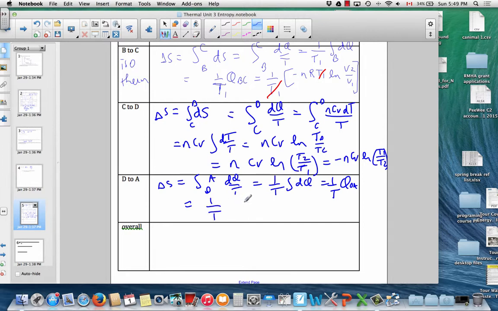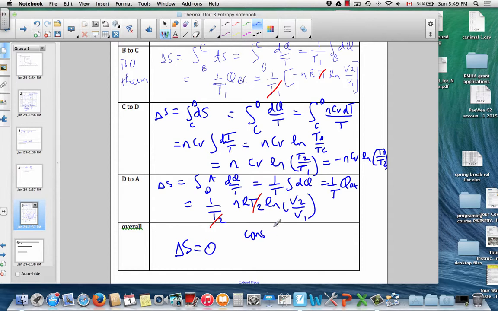So that's 1 over T times nRT ln of V2 over V1. Now, these are along the temperature 2 isotherm, and again, that now cancels out. So this term is now the opposite of this one. So when we add it all up, we get no overall change.